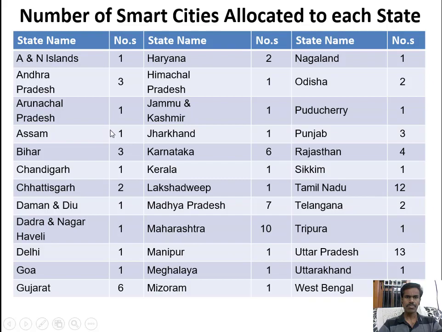In Tamil Nadu, 12 cities are identified as smart cities. It's the biggest number, followed by Uttar Pradesh. I personally believe the South Indian people are a little bit disciplined as well as a little bit sincere. That's why the government is giving a lot of smart cities to Tamil Nadu.